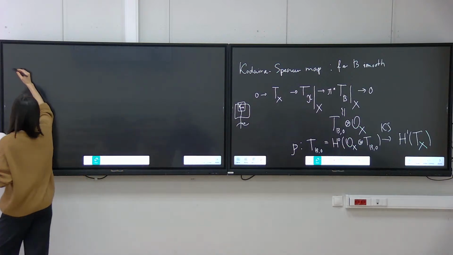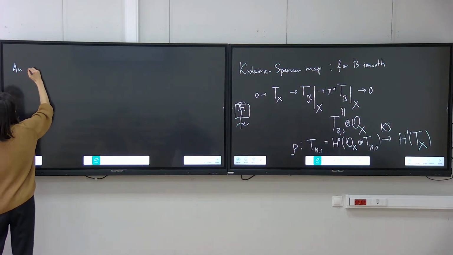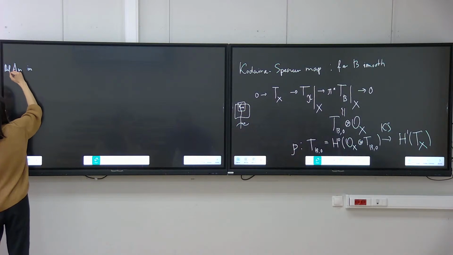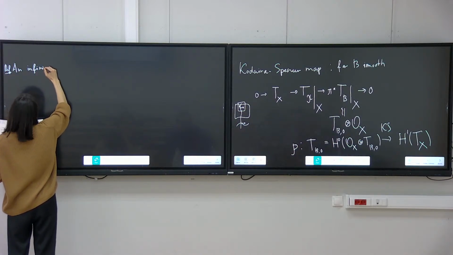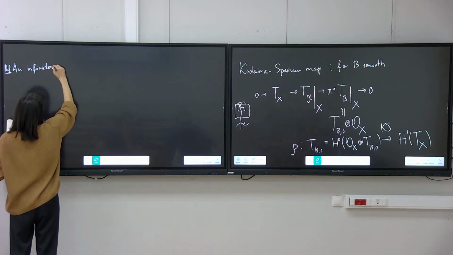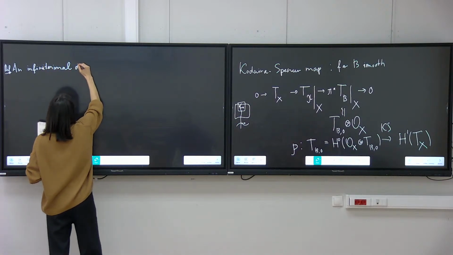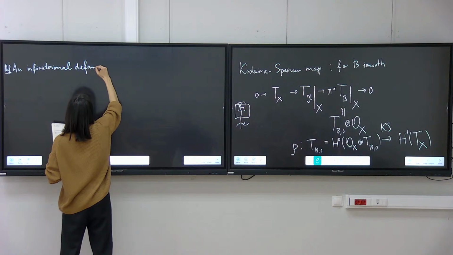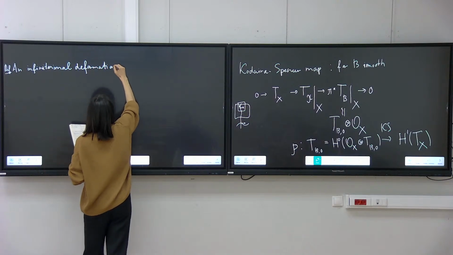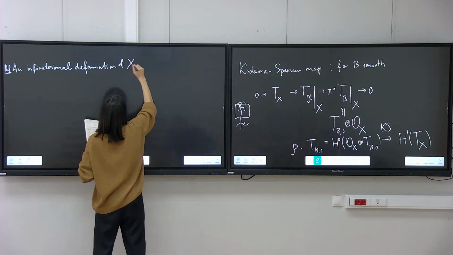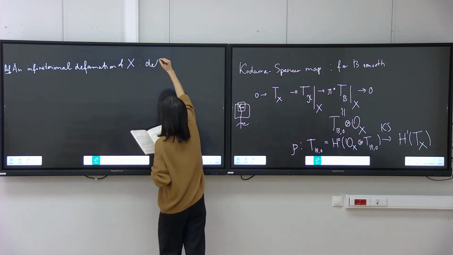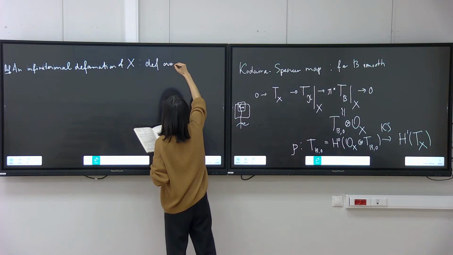Okay, so first of all, a definition. An infinitesimal deformation of X is just a deformation over the dual numbers.